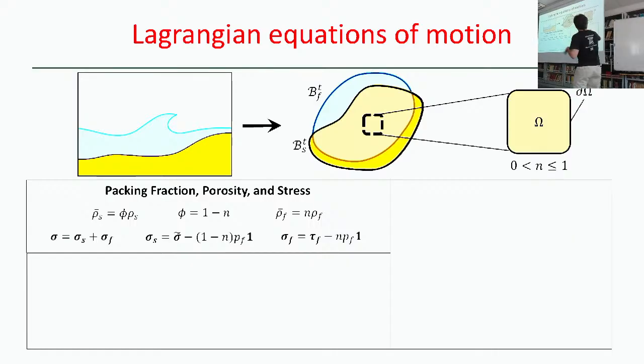And so we have a porosity measure called N, which at 1 is full solid, at 0 is pure fluid. So you can then define things from what I showed you on the previous slide. You can define a homogenized solid density, a homogenized fluid density. And you can decompose the total stress in the element into the part that comes from solid and the part that comes from fluid.